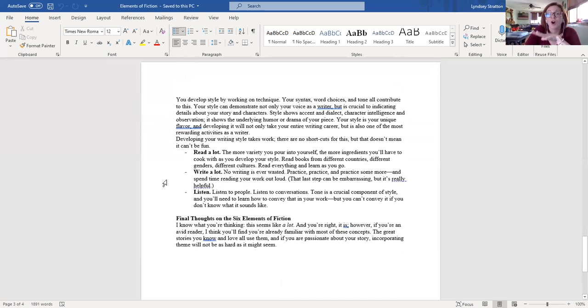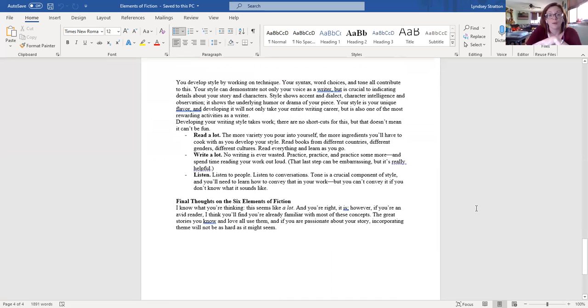This is something that is very hard to hone your skill on, only because it just takes time. And the problem here with style is that a lot of people think that they can't have their own voice or their own style in their writing because they're trying to adhere to the conventional rules of grammar. So the best thing that I could say for trying to develop or determine your style is that you read a lot, you write a lot, and you listen.